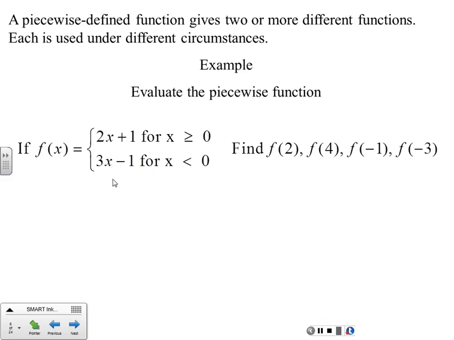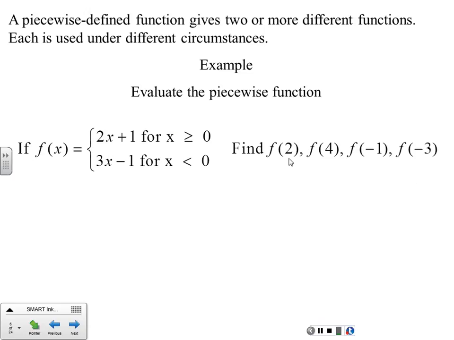Okay? So look at what I've done. I've given you specific domains, specific x values that I'm interested in. I'm only interested in what happens to this machine if I plug a 2 in, what happens to this machine if I plug a 4 in, what happens to this machine if I plug a -1 and a -3 in. That's what I want to know.